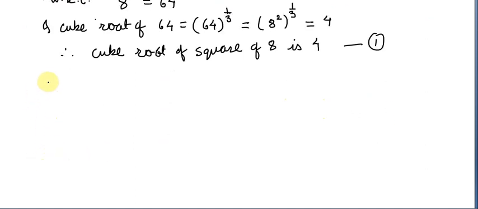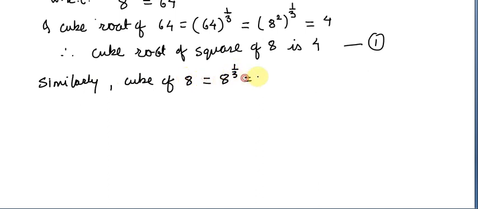Similarly, in another way, we can interchange these indices. We can write 1 upon 3 inside and square we can take outside. Similarly, we can change the position of index. The cube root of 8 equals 8 raised to power 1 by 3, equal to 2.